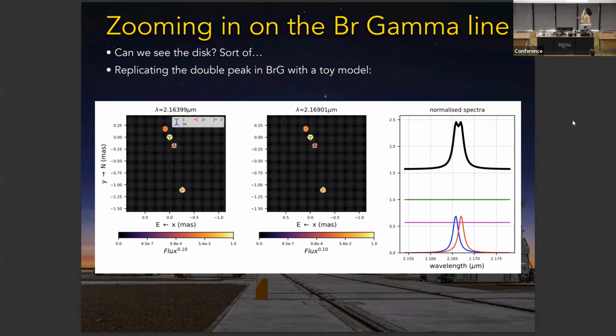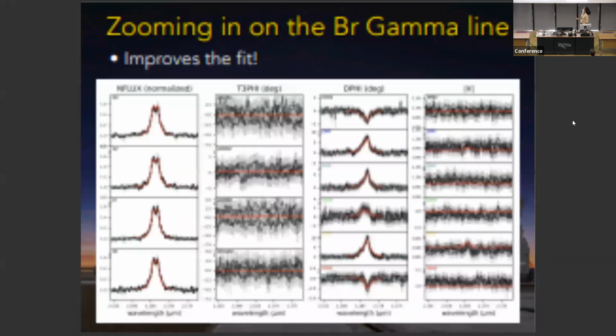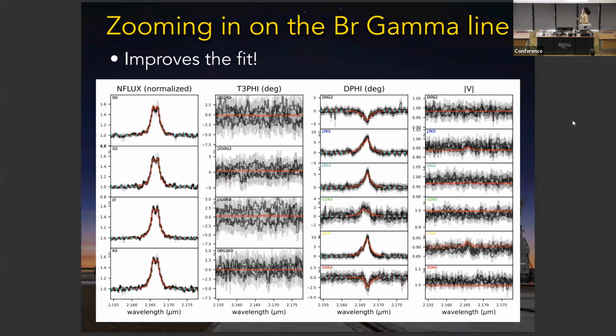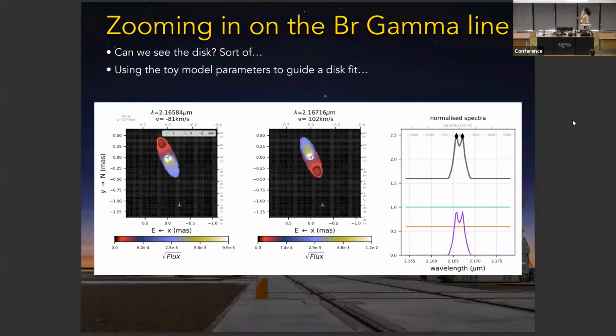We have the redshift component, the blueshift component, and a neutral continuum component for the brighter star, which was showing the evidence of the Brackett gamma, and we still have the secondary star as well. By using this and the separations of these components to feed into a first guess for the disk radii, for example, we were able to converge on a disk model, which you can see here.